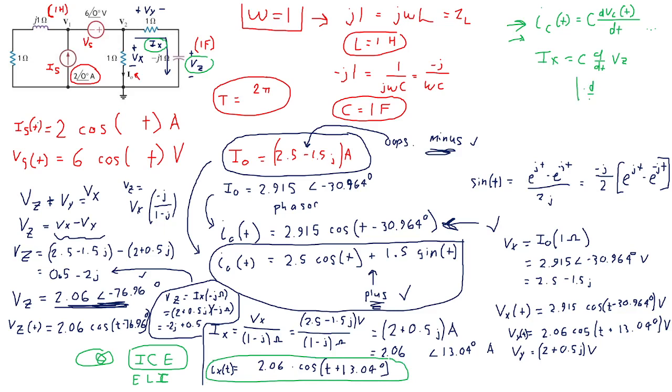So C is 1, and then dVc dt, I'm trying to take d dt of the Vz. And so I'm taking the phasor, turning it back into a regular sinusoid. So this is 2.06 cosine of t minus 76.96 degrees.